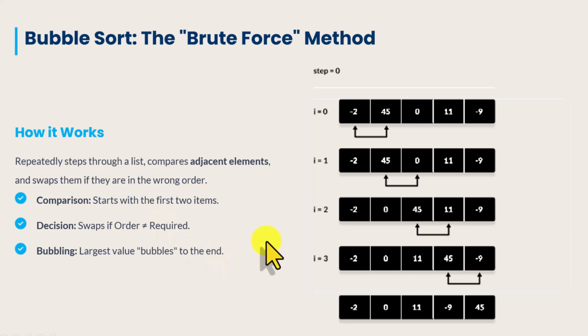And bubbling: when you finish one pass through all the elements, the largest value will bubble to the end. Comparing the pairs of elements one by one from first till end is called one pass, and in one pass, only one value gets to its correct position.